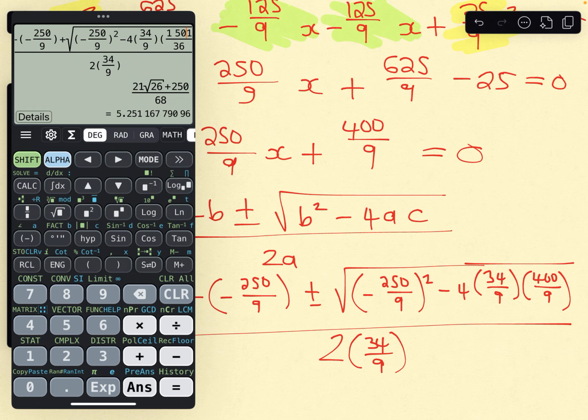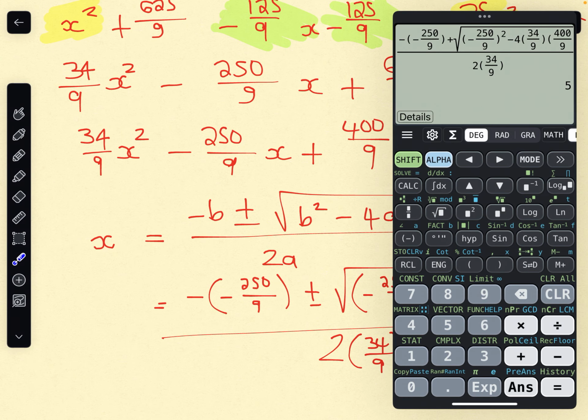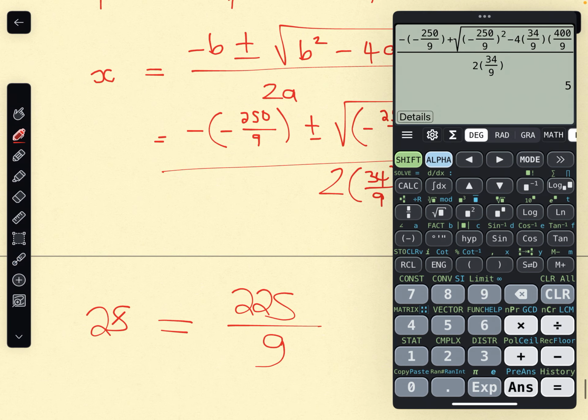Okay, and then we said that this is another one that changes to 400 over 9, and now we get our wonderful, beautiful x.